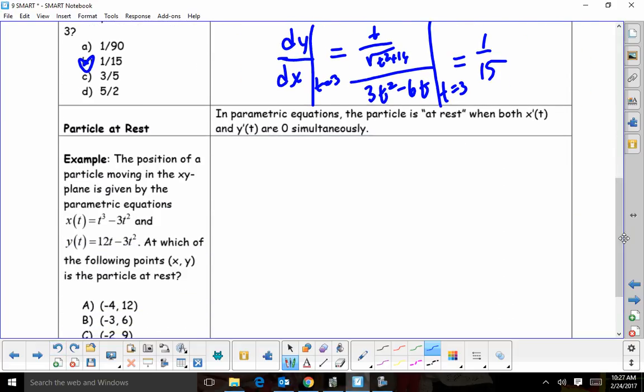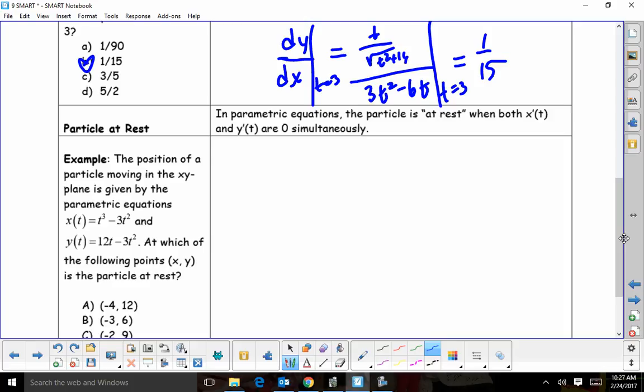A particle at rest is when both your x prime and your y prime are 0 at the exact same time. Then the particle is at rest. Basically if you had a slope of 0 over 0, which we know is indeterminate, that's telling me the particle is at rest. It's not moving anywhere. So this one wants to know, at which of the following points is the particle at rest?